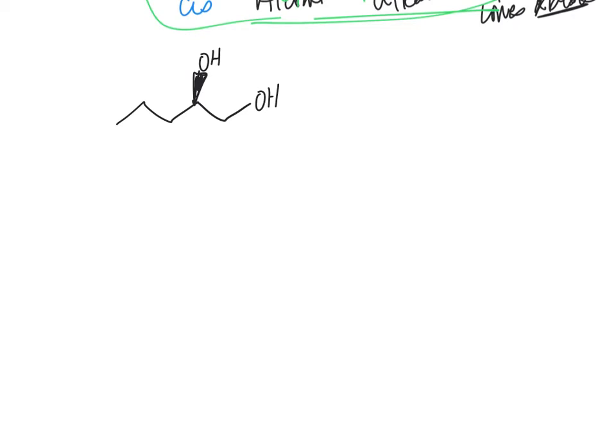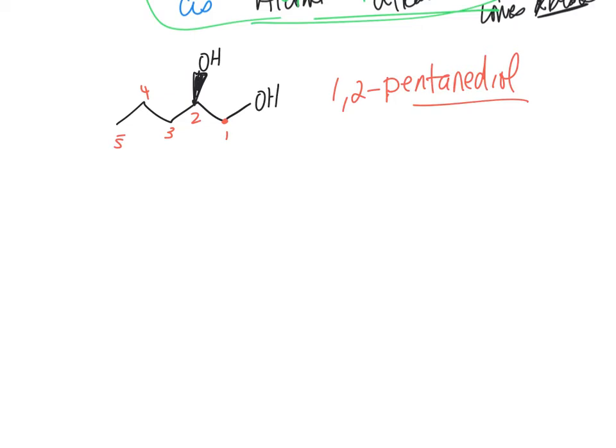You start with the longest chain, 1, 2, 3, 4, 5. So 5 is pentane, and this is going to be pentane diol, 1,2-pentanediol.